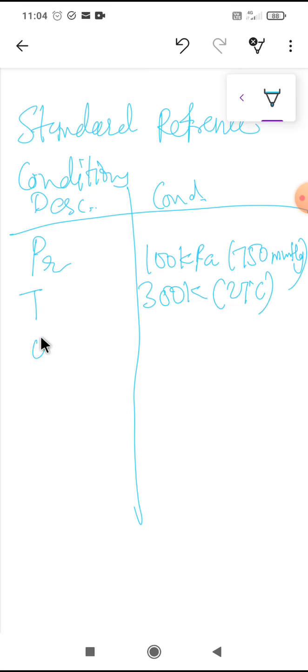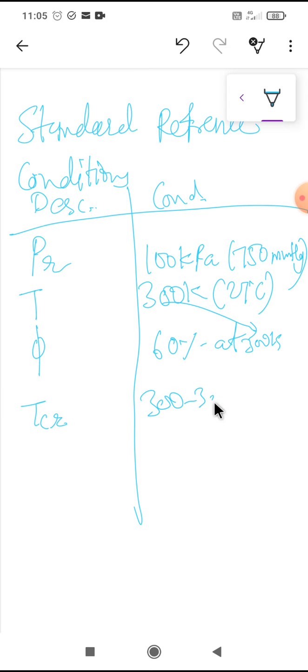Then relative humidity, that is 60% at this 300 Kelvin. Then the change of air coolant temperature, TCR, that is 300 to 350 Kelvin. So when the air coolant temperature is changed, it is 27 degrees Celsius or 77 degrees Celsius, any one of them.